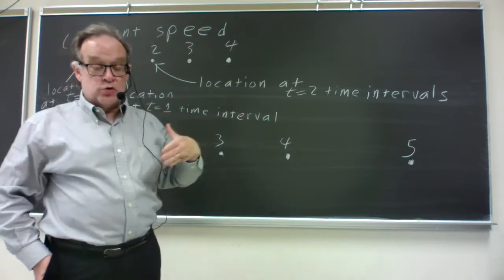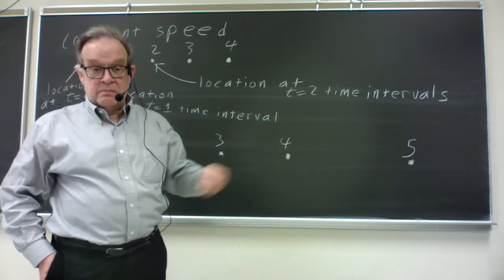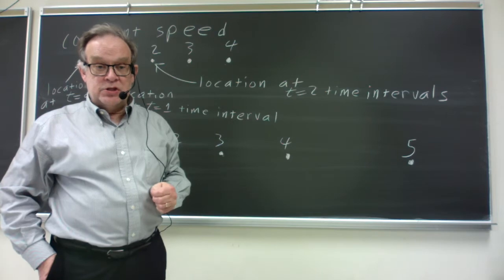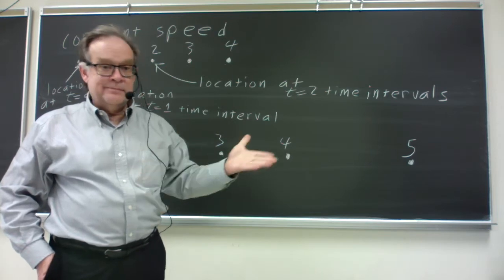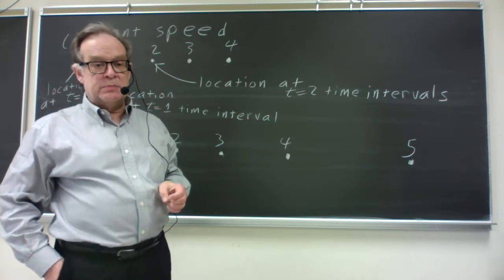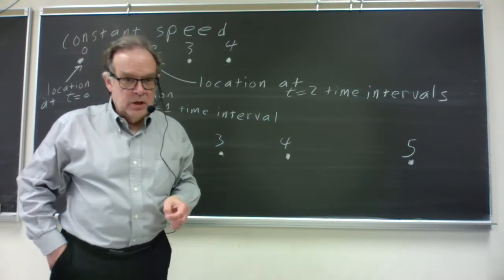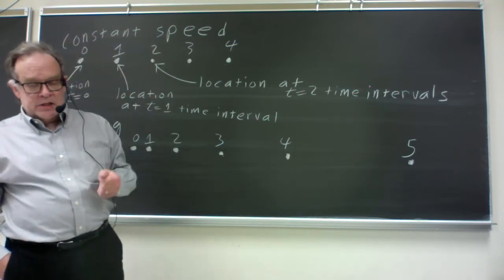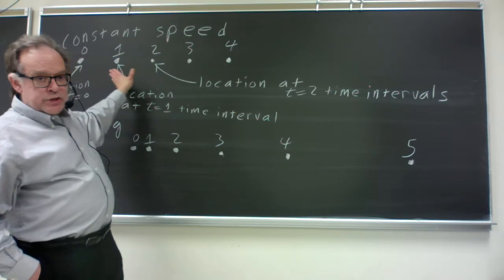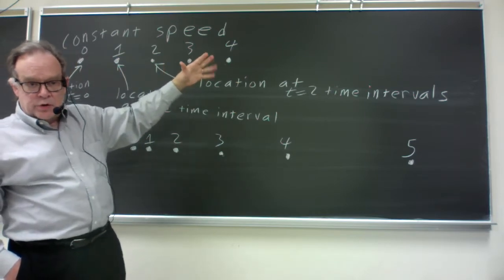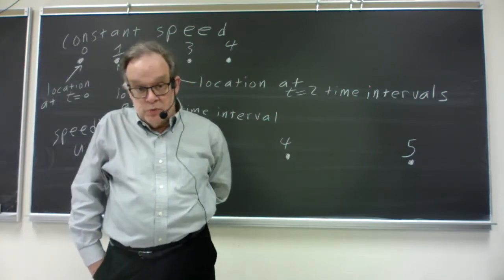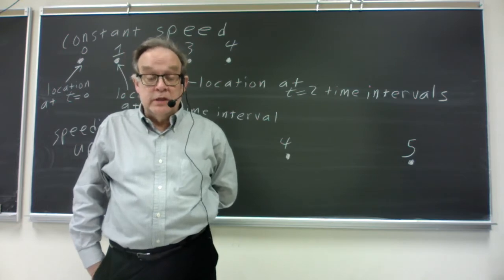Always traveling the same distance in the same amount of time is just another way of saying constant speed. It's not speeding up, not slowing down. So constant speed is represented by a motion diagram where the dots representing locations are evenly spaced.